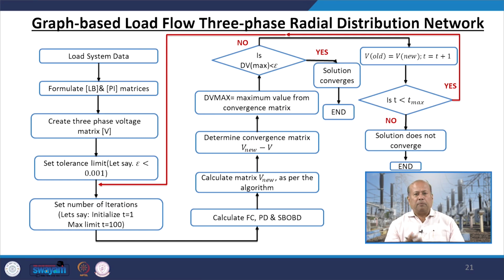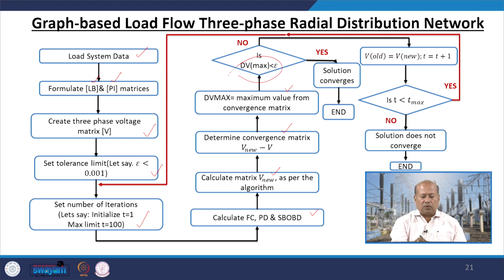And this is a repetition of the same algorithm, graph-based load flow for a three-phase radial distribution network. You have to obtain the load system data, determine LB and PI, create the three-phase voltage matrix V, and then the tolerance epsilon may be assumed to be 0.001, set the number of iterations to 100, calculate FC, FD, SBOBD, then calculate the V new, then determine the convergence, then the maximum value of the convergence matrix, that is dV max, can be determined.